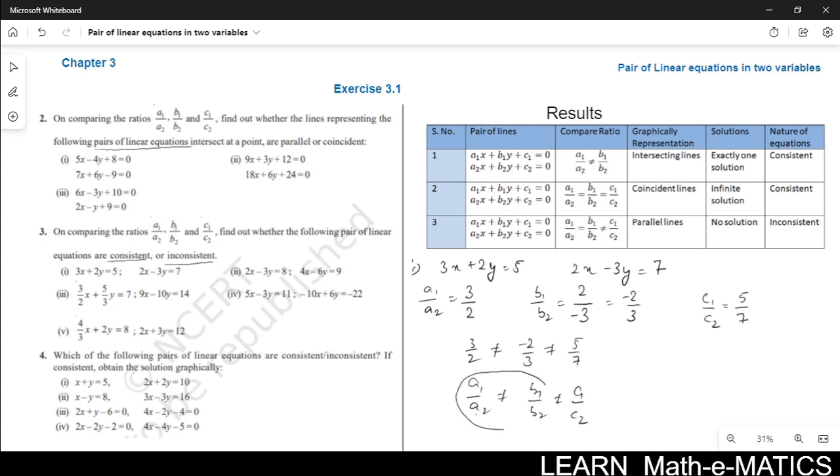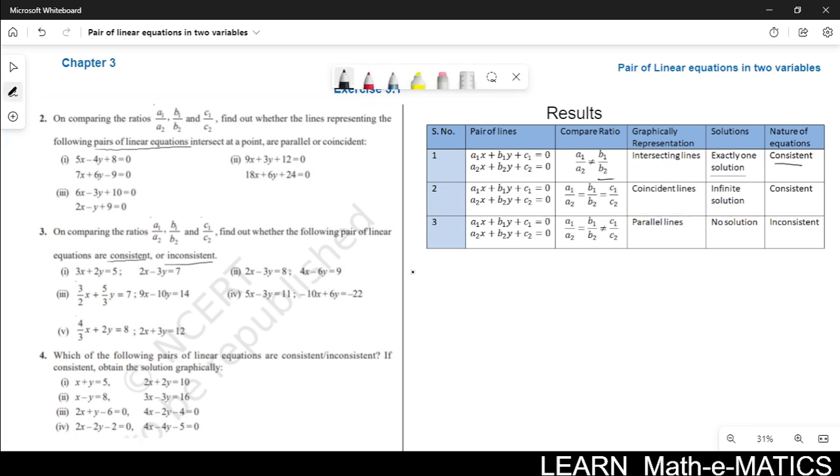Whenever the first two ratios are not equal, we know in that case we have intersecting lines. That means we have exactly one solution. If we get a solution, that means they are consistent equations. Right? So these lines are consistent. Let's move to the next part.